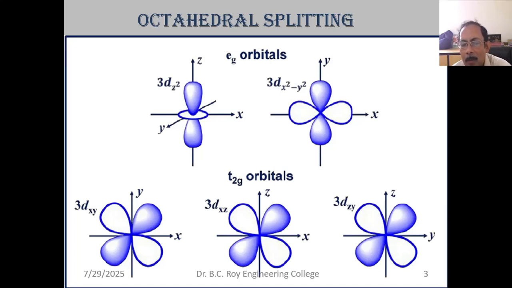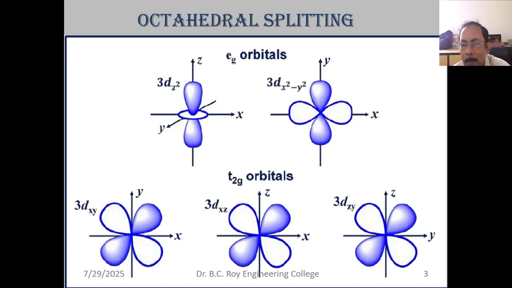So these are along the axis. Now these 3 d orbitals which are along the plane, dxy, dyz, dzx, are of similar energy. And initially, before any sort of crystal field or ligand field is created, these d orbitals are at the same energy level. They are called degenerate. So these 5 d orbitals are initially degenerate.